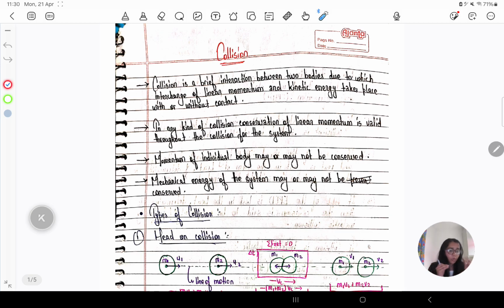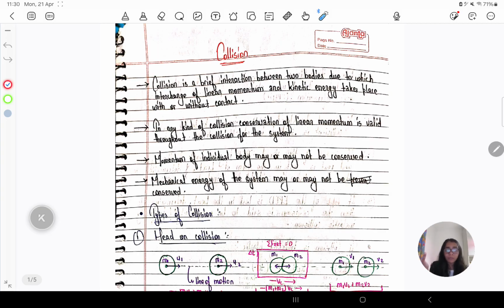Linear momentum is always conserved for the system. Remember, I keep repeating this, that this linear momentum is conserved for the system. It may or may not be conserved for individual particles that are colliding. But for every type of collision, linear momentum for the system will always be conserved.